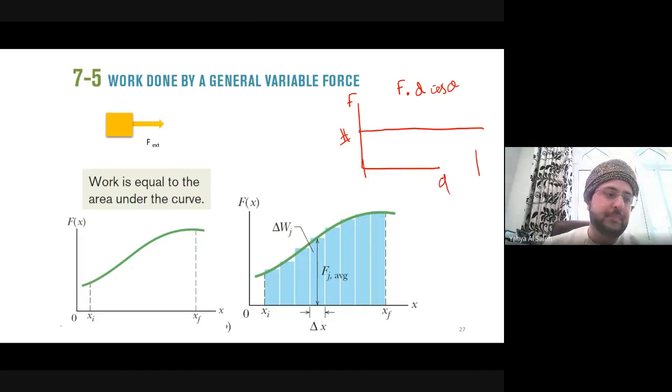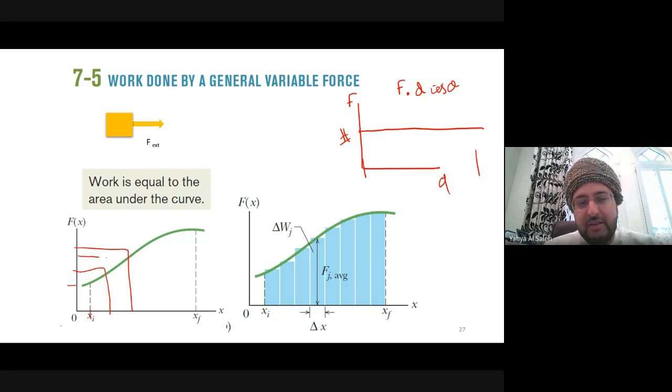Easy. If, however, our force is variable, like the spring, for example, this would be the green line here. It's a variable force. So I cannot simply take a number and multiply it by a distance because my number changes at every single instant.